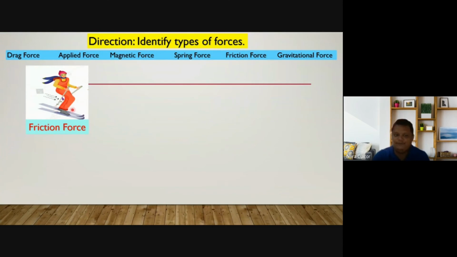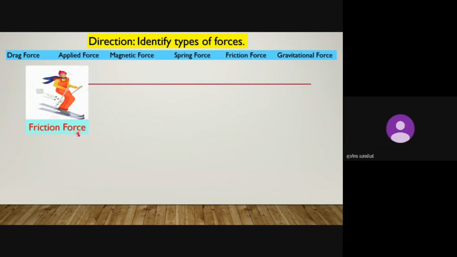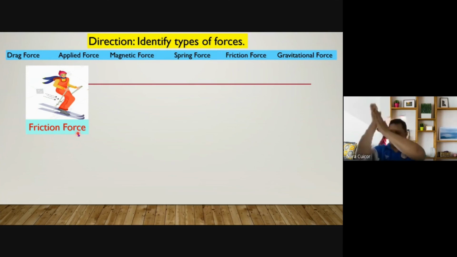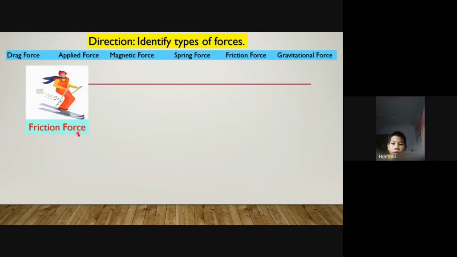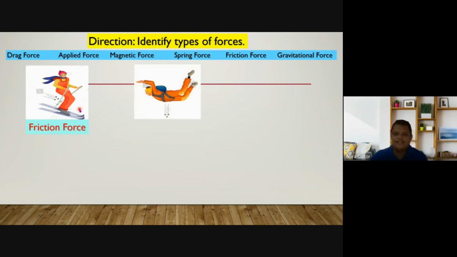So this one is a friction force. Remember that? Everyone say friction force. Friction force. Okay, next one is this one.